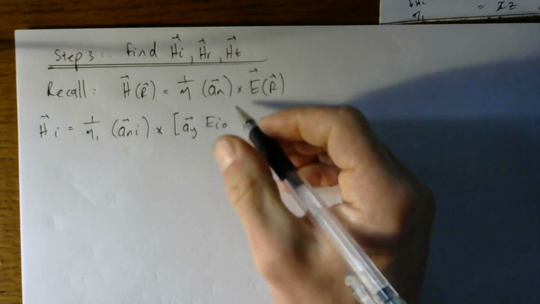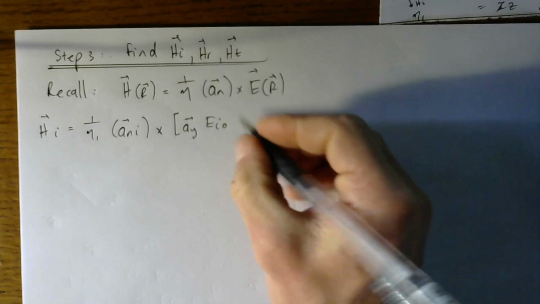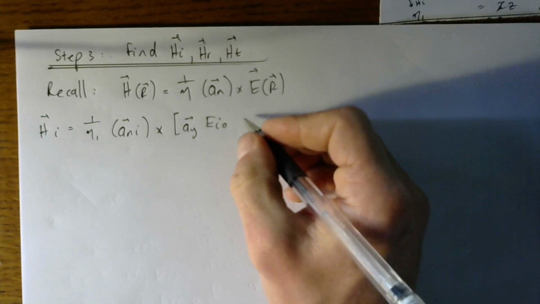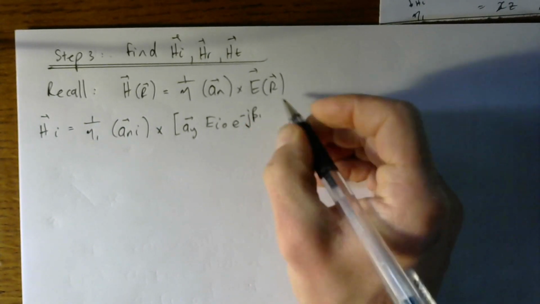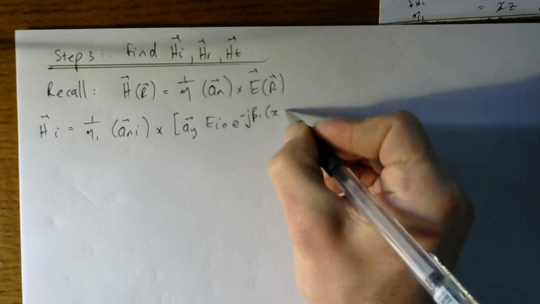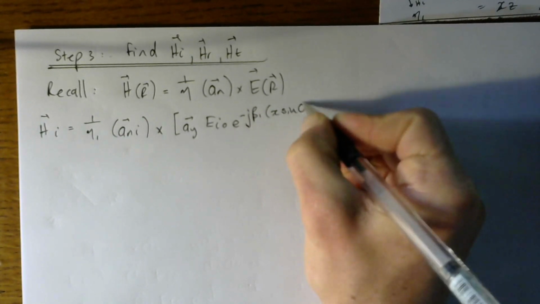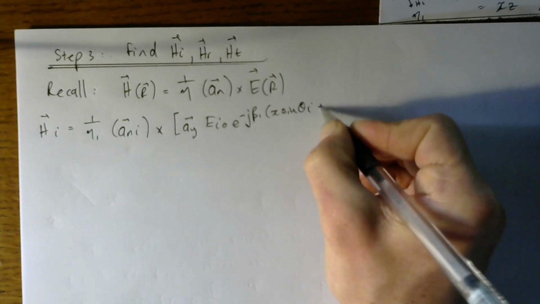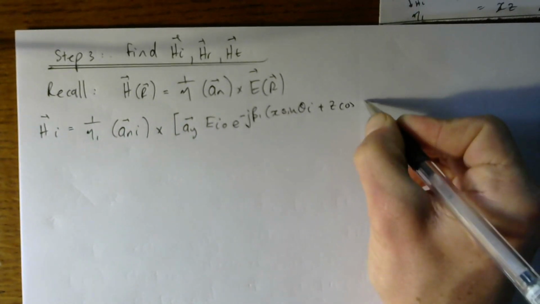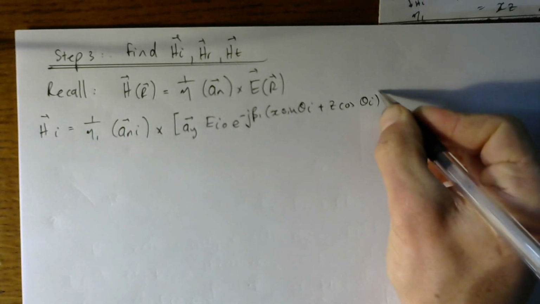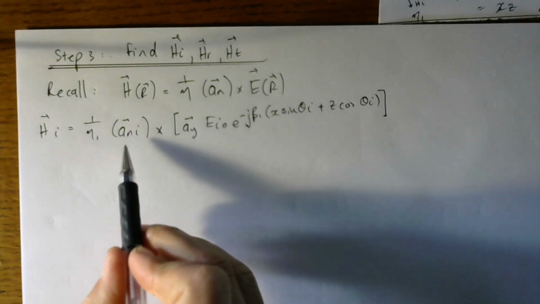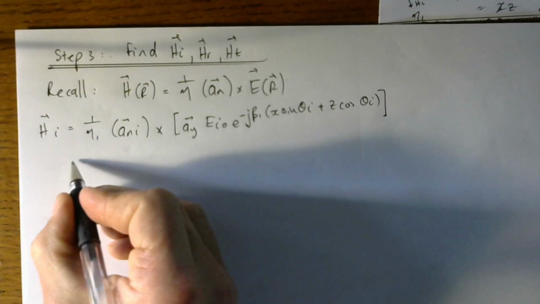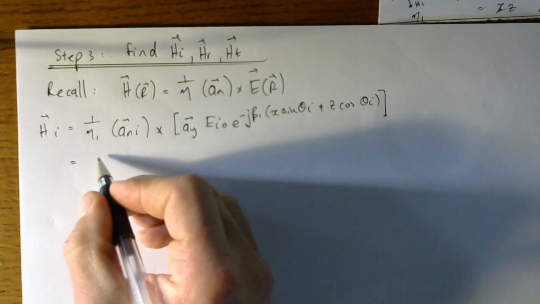Let's just make some space over here. So it's E_i0 e to the minus j beta 1 x sine theta i plus z cos theta i. It looks like this. And this one I can also expand, and it will look like this.